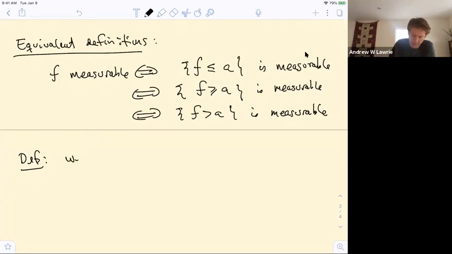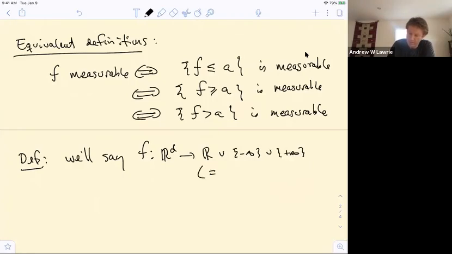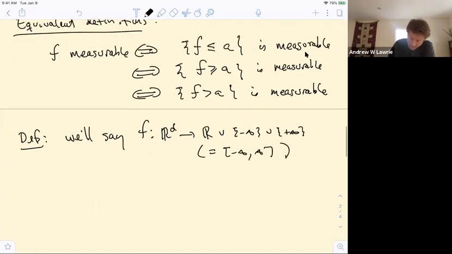We'll say f is a function from R^d to the extended reals, the closed interval from minus infinity to infinity. We say f is finite valued if f of x is finite for each x in R^d.